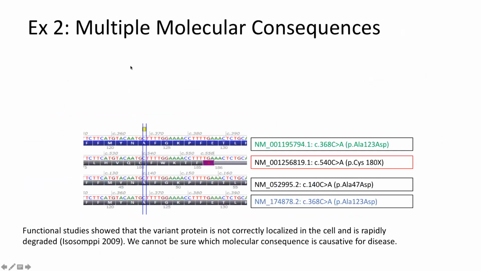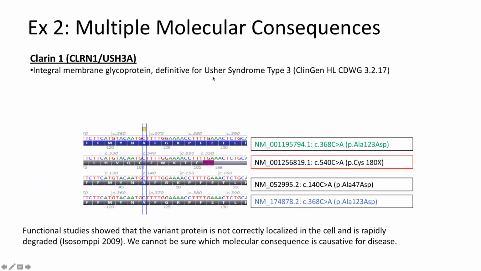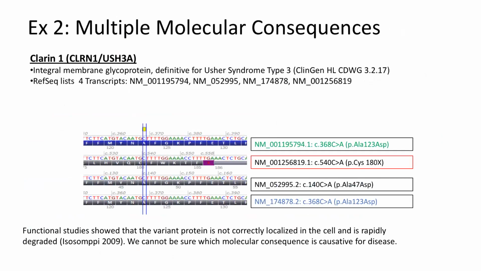Another one, and I kind of alluded to this in the beginning, is an example of multiple molecular consequences. So you have the CLARIN1 gene, and it is associated with Usher syndrome, which is a syndrome associated with hearing and vision loss. RefSeq lists 4 transcripts, and they're all listed here, and also listed below as a screenshot from Alamut.